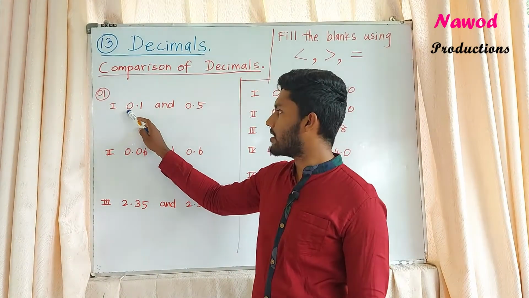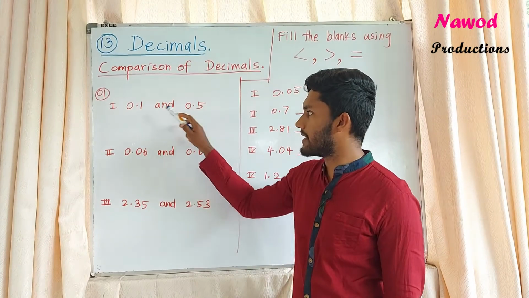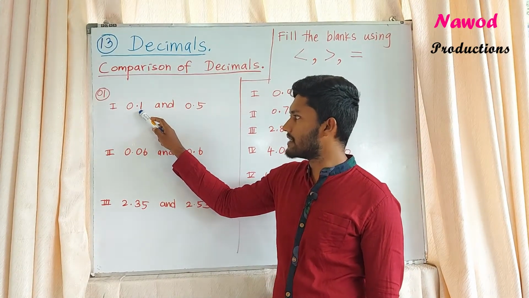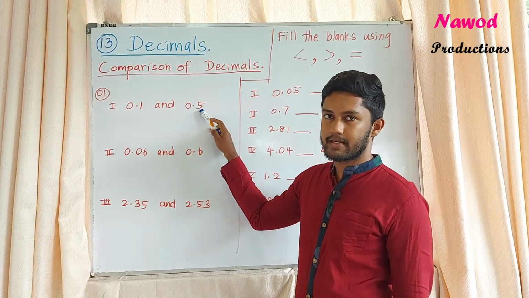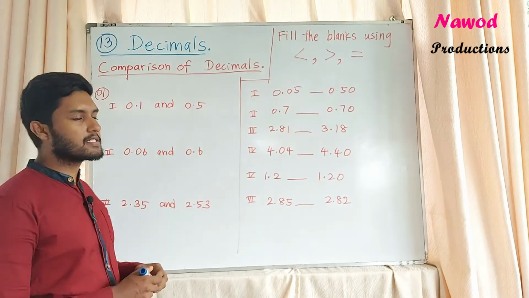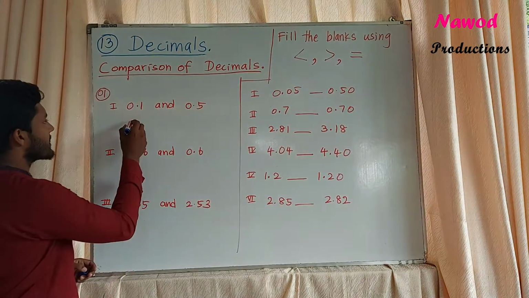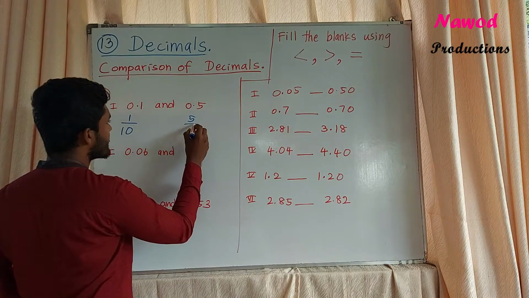Here, 0 is in the ones place. Here 0 is in the ones place. Then here 1 is in the tenths place. Here 5 is in the tenths place. Then we'll convert this 0.1 into a fraction. That means 1 over 10. Then here 5 over 10.